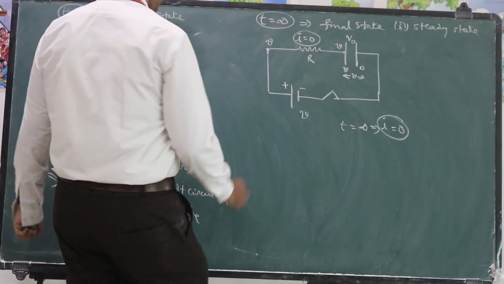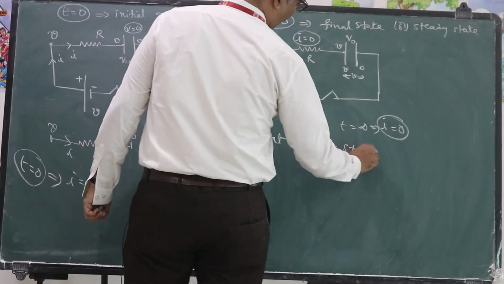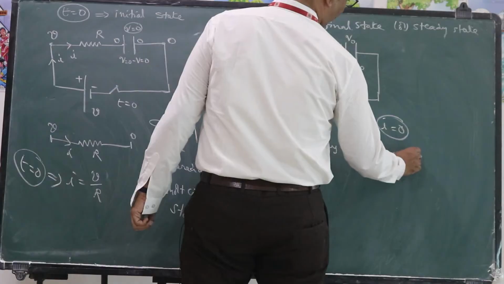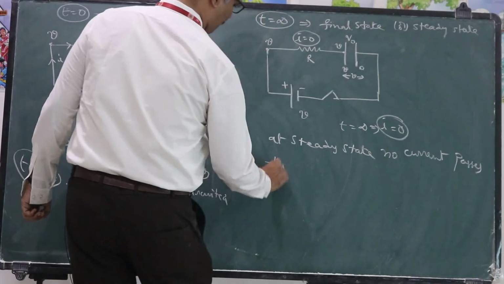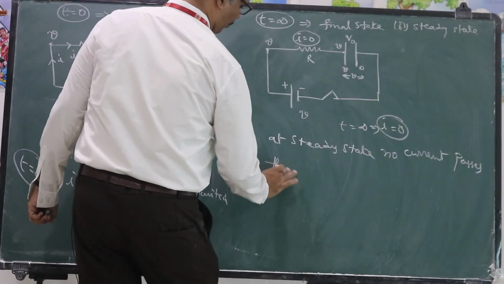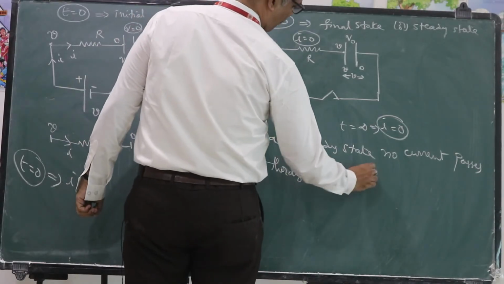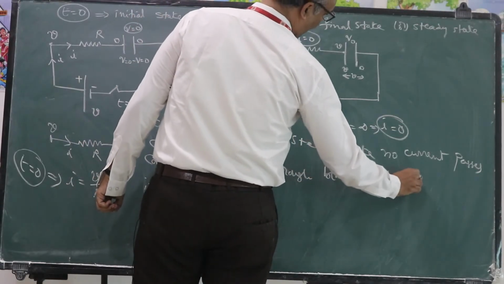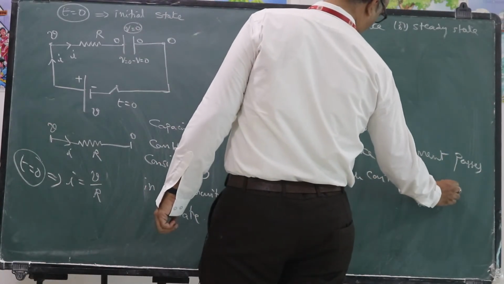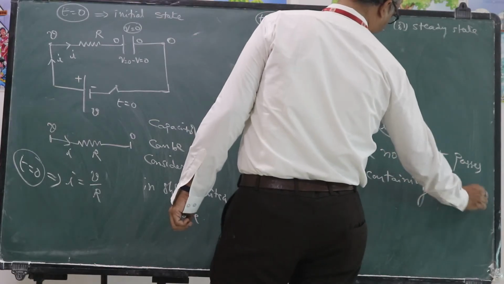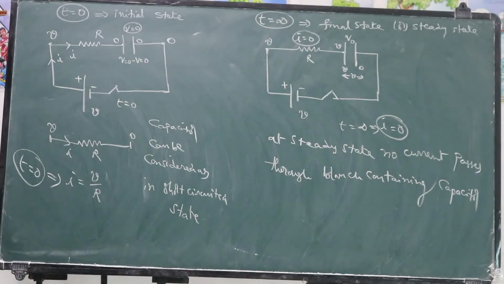So at steady state, no current passes through the branch containing the capacitor. These two points we should understand.